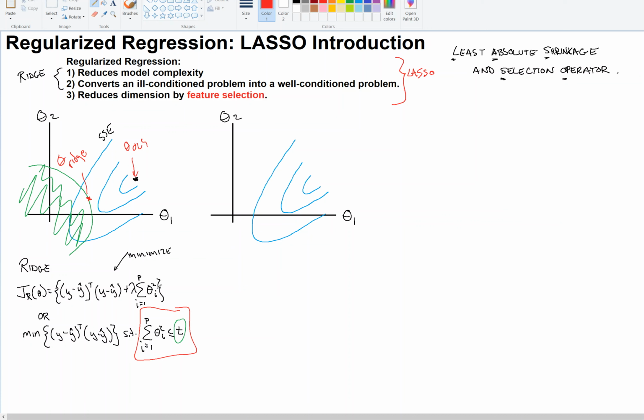But we said an important point that when lambda is finite, the thetas will not be shrunk to exactly 0. Now, that's an important distinction to make, because sometimes you want to know exactly which features are contributing to your model and which are not.